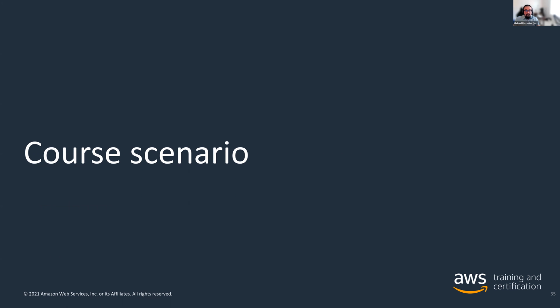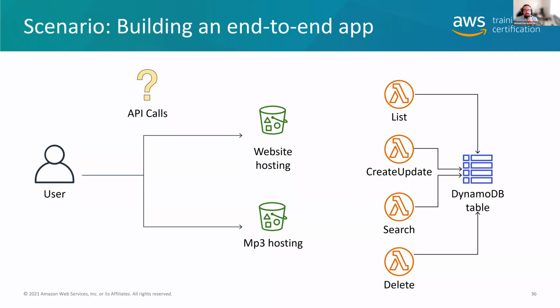Now, other things, as far as our core scenario goes: how do we build an end-to-end scalable application? You may remember that when we looked at this before, I said there's something missing, because how do we get from S3 all the way to Lambda? Don't get me wrong, S3 can invoke Lambda directly if you tell it to. But that's not really what we were asking the user to do.